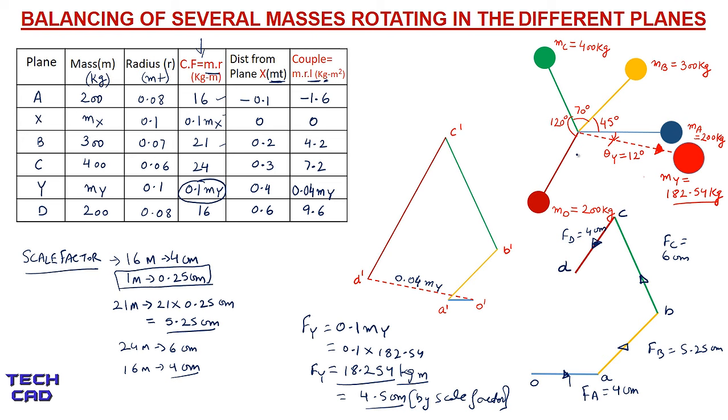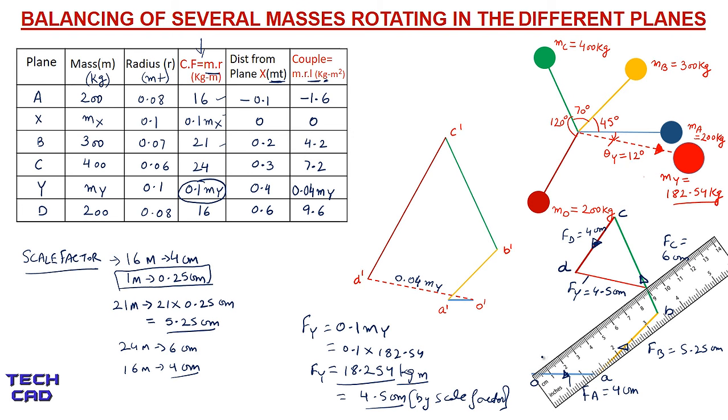Now take a scale parallel to your My mass and make a line over here which is of 4.5 centimeter. So this is a 4.5 centimeter line Fy. Now this is a force polygon, and to find out the resultant of this force polygon, just join the initial and end point with the help of the scale.